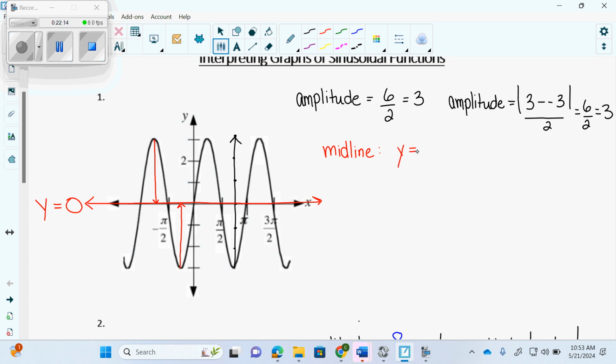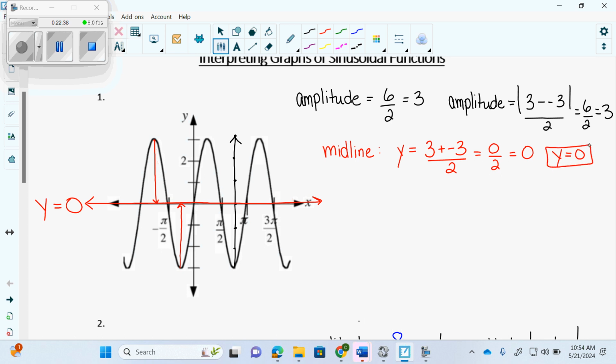Please make sure you have y equals. Then we're doing the max plus the min, so it's going to be 3 plus negative 3, divided by 2. So it's the same numbers as amplitude, but we have a plus sign between them. So it's 0 divided by 2, so it is 0. Y equals 0.